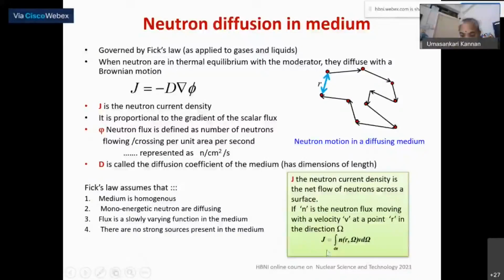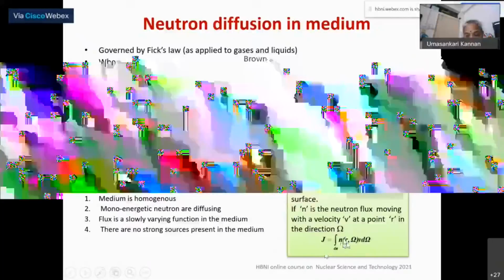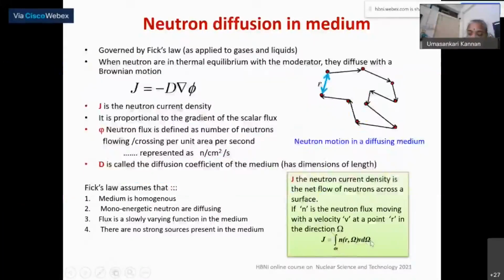You integrate it over the energy and over the angle, and you get the current density. This N into V can be seen as the neutron flux. Flux is nothing but N into V, and J is nothing but the neutron current density. I hope you have got the difference between J and phi.